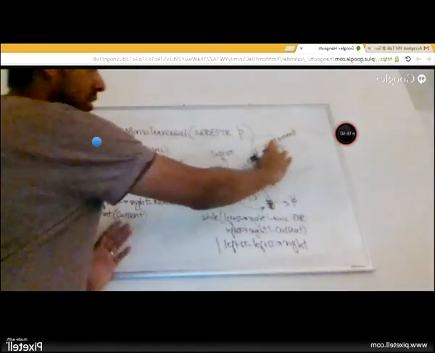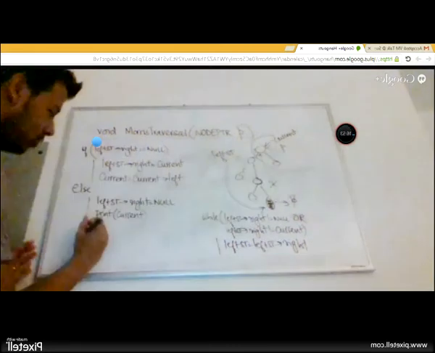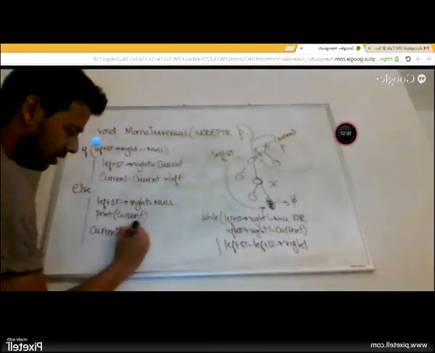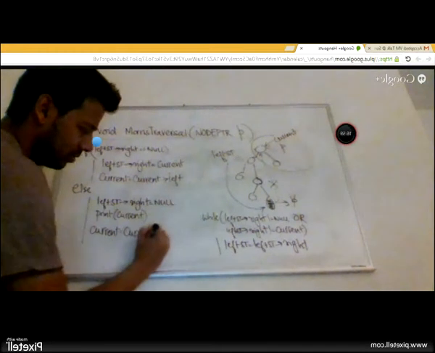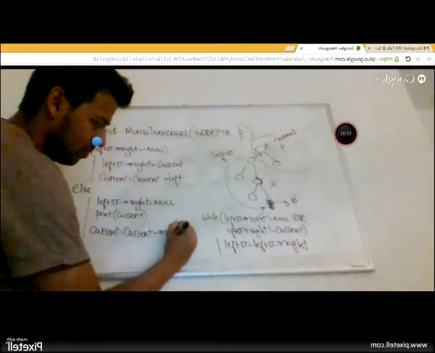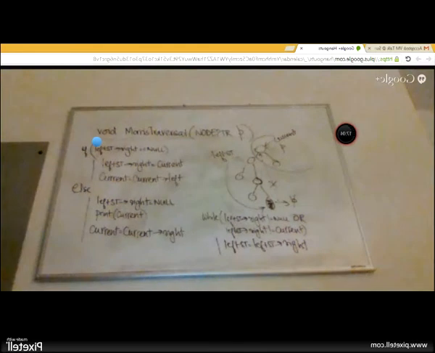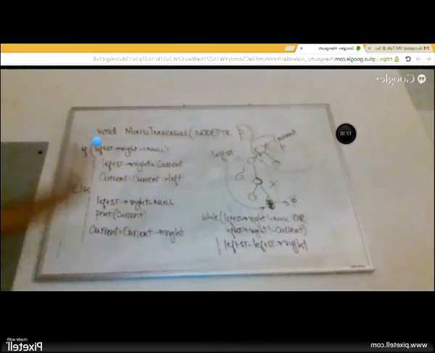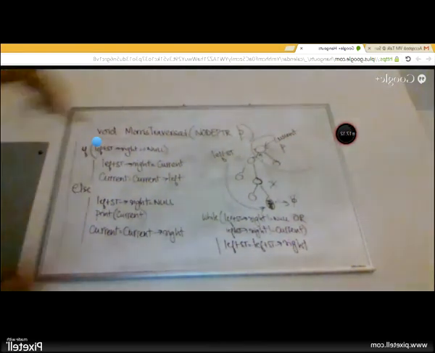You printed this, and now you say do the same thing for right subtree. So current will be current pointing to right. And this is still a part of the big while loop, which says as long as current is not equal to null, keep doing this again and again.